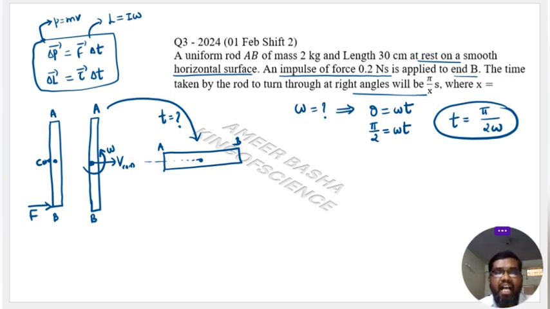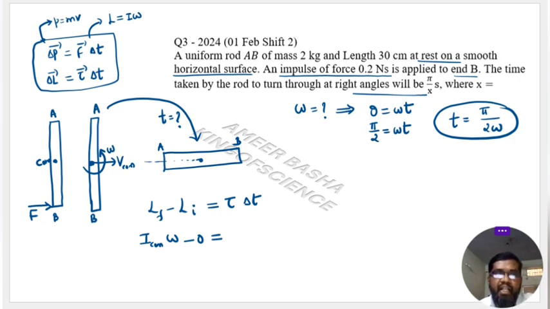Simply I can apply the angular momentum. Final angular momentum minus initial angular momentum equals torque into dt. Final angular momentum is the moment of inertia about the center of mass into omega. Initially the system is at rest, so that is 0. Torque means force multiplied by perpendicular distance.